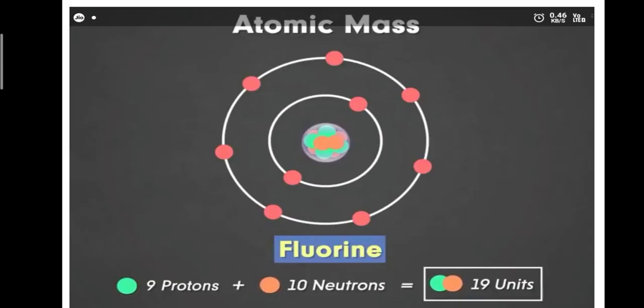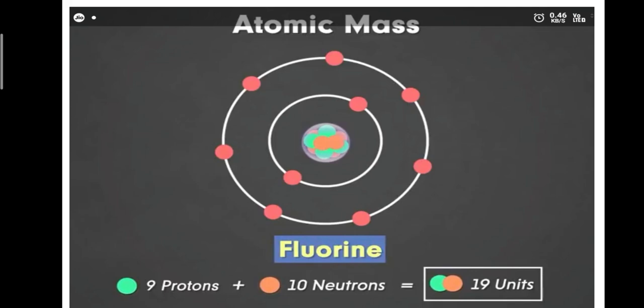A few more examples we will see with pictorial presentation. So here is the element fluorine. Now in fluorine you will see the number of protons is 9. Now in the nucleus, यहाँ से आपको थोड़ा काउंट करना मुश्किल हो रहा है तो आप इलेक्ट्रॉन काउंट कर सकते हैं. आपने इलेक्ट्रॉन काउंट किया, it is totally 9 because in the first shell 2 and in the second shell 7. So 7 plus 2, 9.